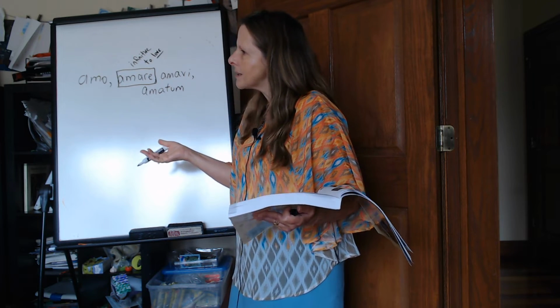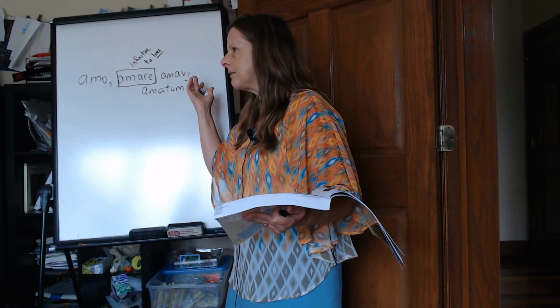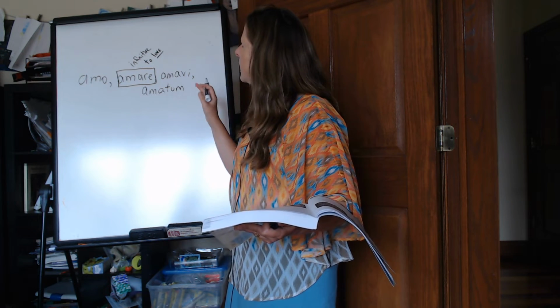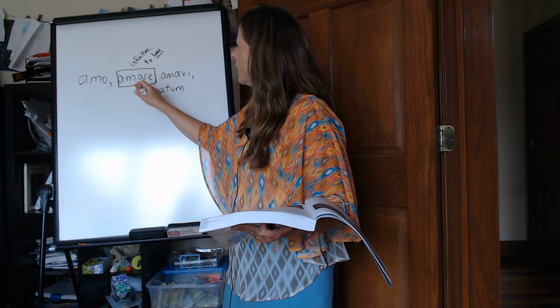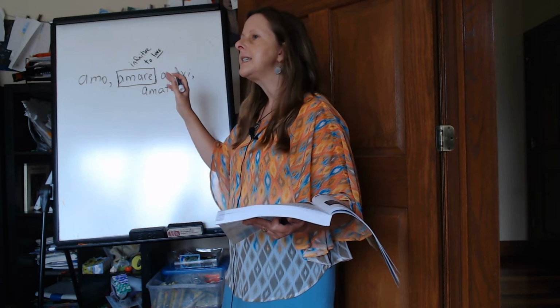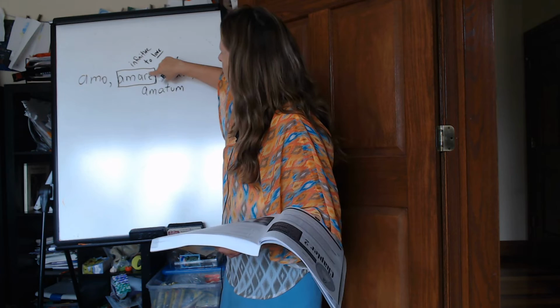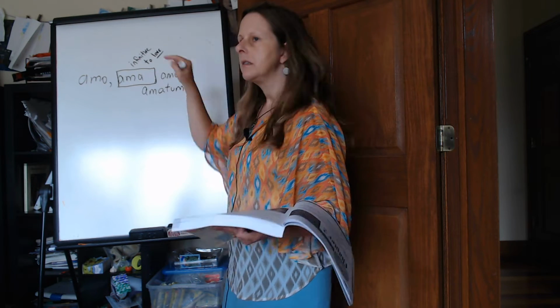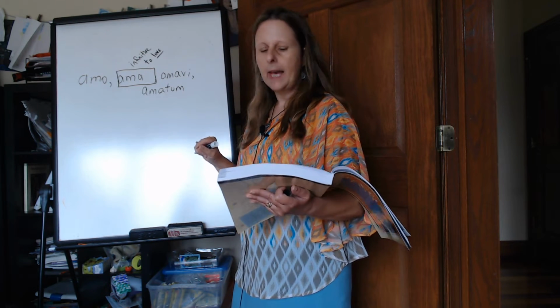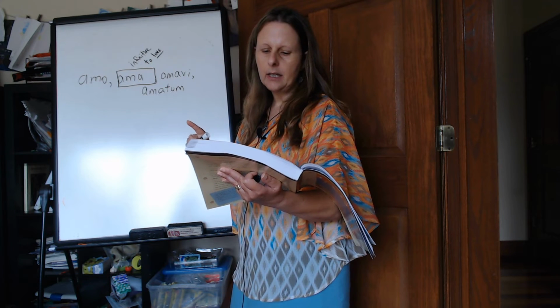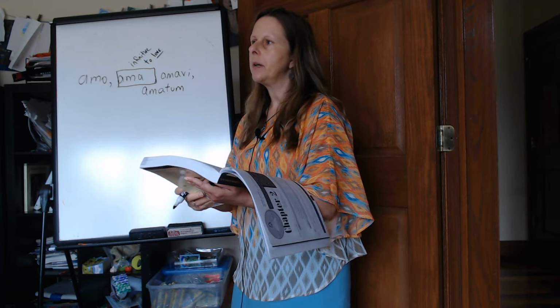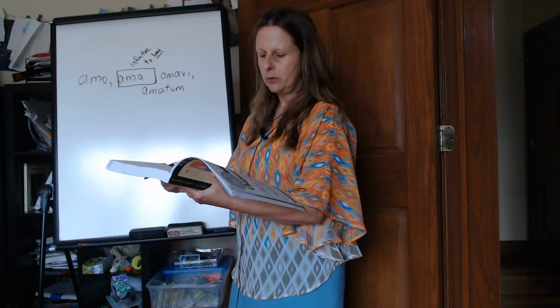To swim is my favorite sport. I just used an infinitive. And I told you that we can find the stem of a verb by going to that second principal part and taking away the RE.